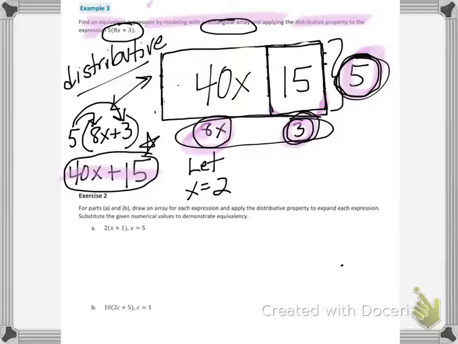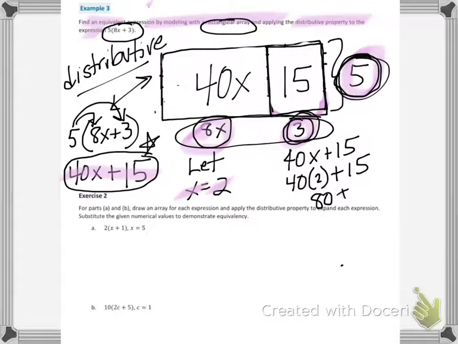So if we let x equal 2, we take our expression here, 40x plus 15. We plug in the 2 for every x we see here. And here we go, we have 40 times 2, because that's where the x was, plus 15. 40 times 2 is 80, plus another 15 equals 95.